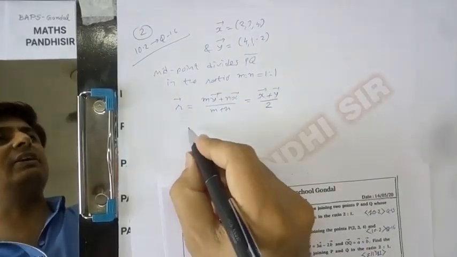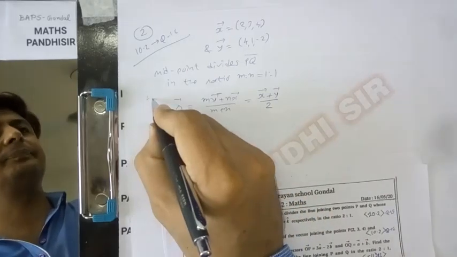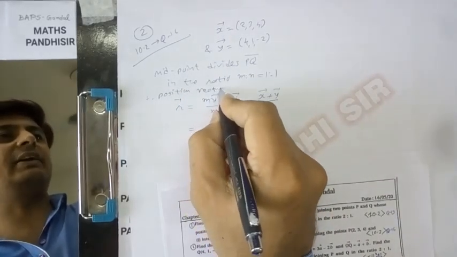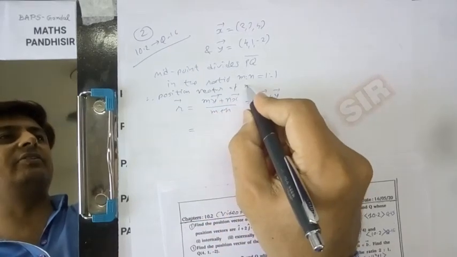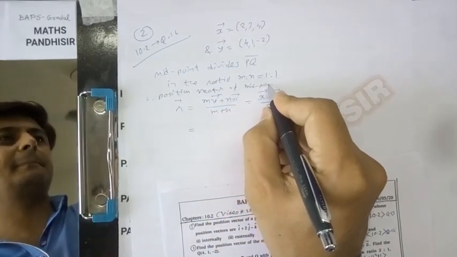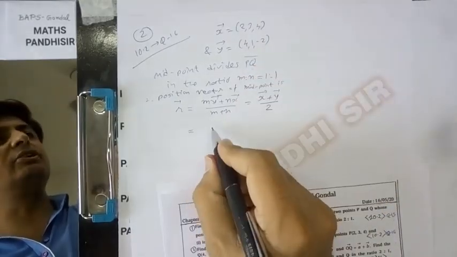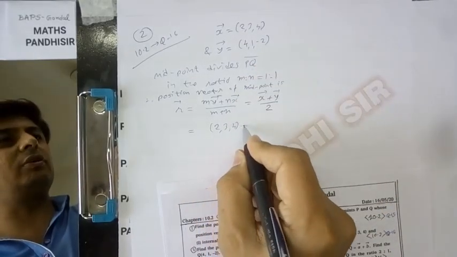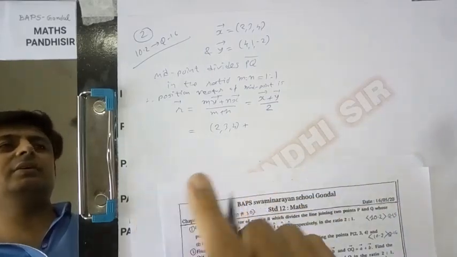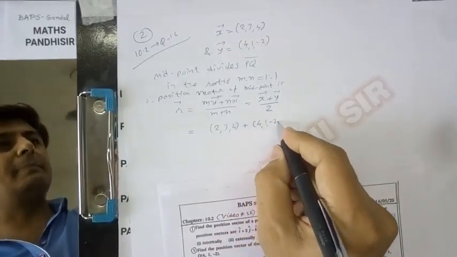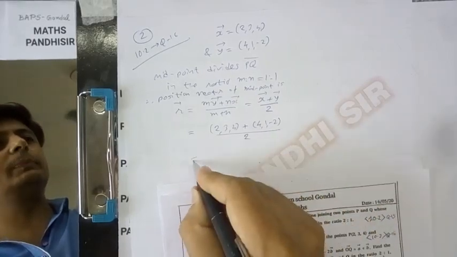So position vector of midpoint is the sum of these two, 2 3 4 plus 4 1 minus 2, by 2. Vector addition is commutative, that we know.